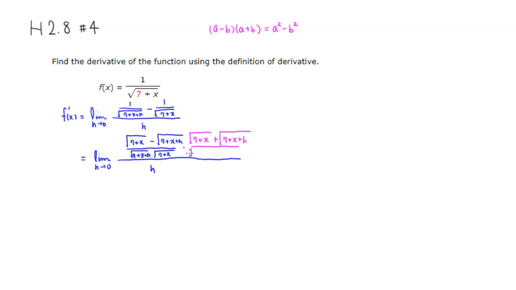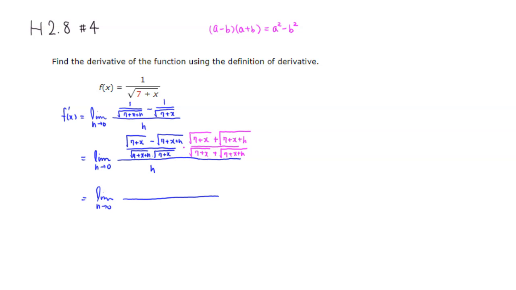Then we do exactly the same thing to the denominator, so we don't change the quantity. Just copy exactly the same thing here. If you multiply out, this is what you're going to get. You have the limit as h approaches 0. First thing I'm going to do is combine the denominators, the divide by h and divide by all that.